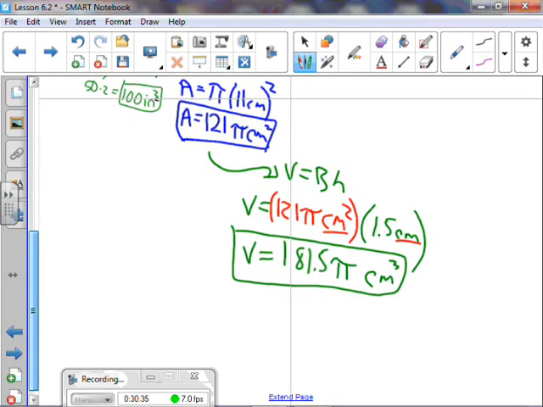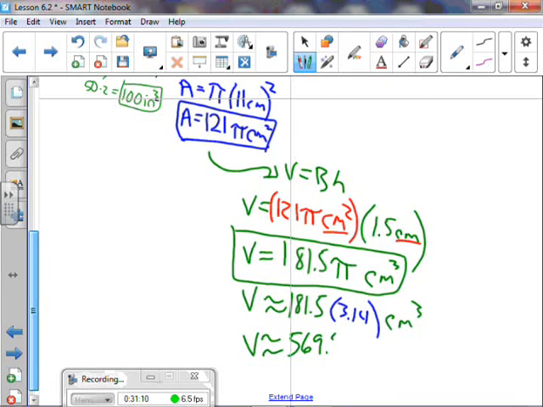However, it also asks me to approximate it to the nearest tenth. So instead of pi, I will throw in 3.14, and everything else will stay the same except for this equal sign. The equal sign will become approximately because we are now approximating. 181.5 times 3.14 centimeters cubed stays the same, and I'm once again going to use a calculator to save time, and we get that the volume is approximately equal to 569.91 centimeters cubed.